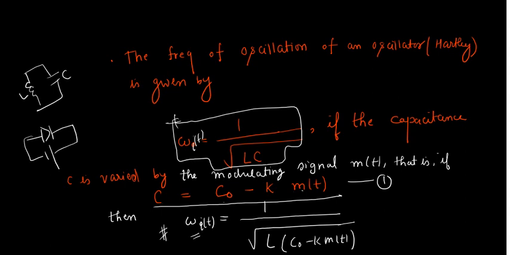Initially when there was no reverse bias, the capacitance of this diode was C0, and once we apply some message signal m(t), the capacitance of this diode changes as per this equation. So we put the value of C here and we see what would be the oscillation, because this C is nothing but this reverse bias diode. So the oscillation frequency omega i would be 1 upon root L(C0 minus k m(t)). That is quite obvious. We have just replaced C with this value.